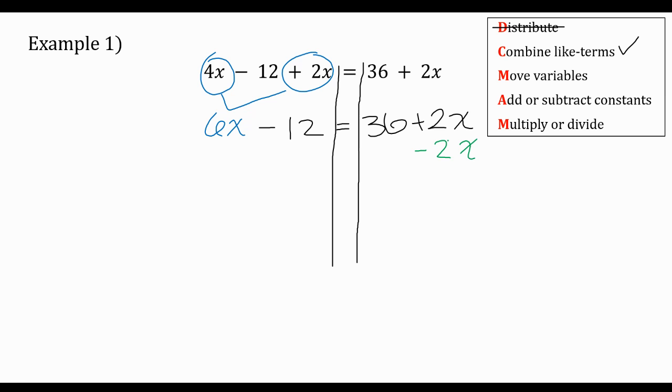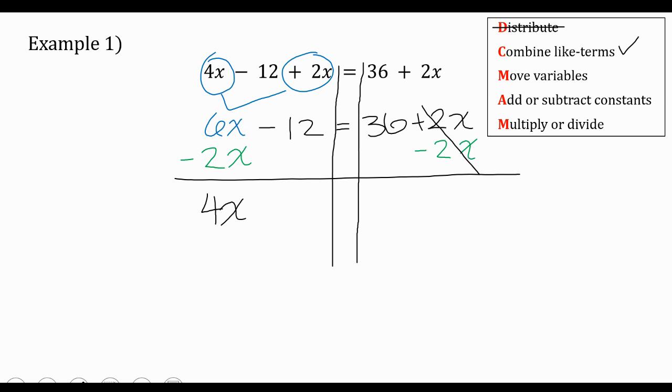We're going to subtract it from the 2x, and we're going to subtract it from this 6x, because those are like terms. That cancels. 6x minus 2x gives us 4x. Bring down anything you did not use.